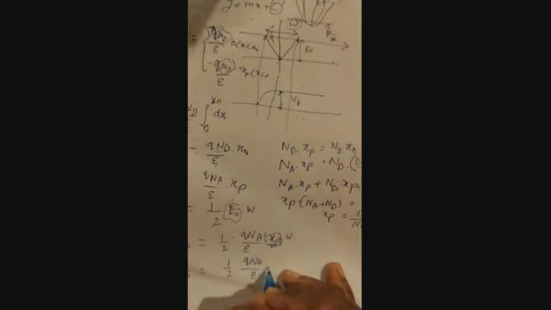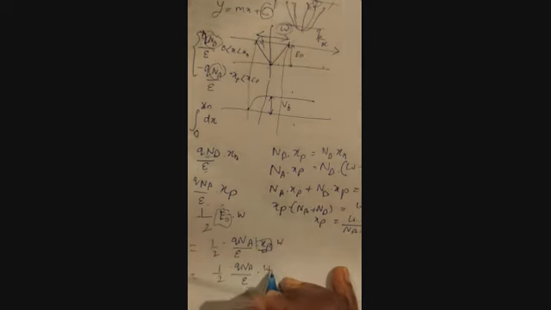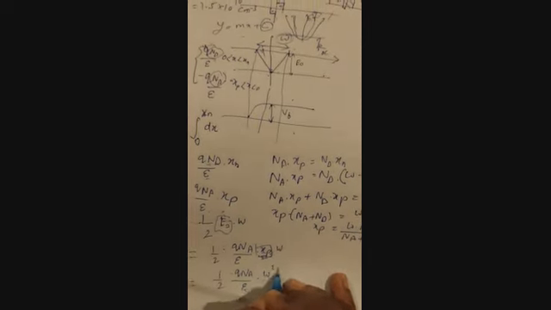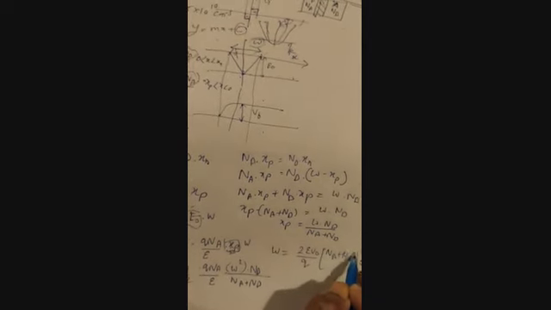Then I will get the value of V naught as half Q Na upon epsilon into xp, W squared, into Nd upon Na plus Nd. This much value I will get. And for W, how much will I get? 2 epsilon V naught upon Q into Na plus Nd, into Na into Nd.